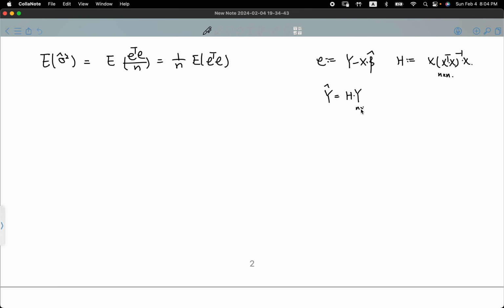The hat matrix refers to this: when we multiply by the true value, this is actually the prediction. This is because X multiplied by beta hat is the prediction, and this is X multiplied by X transpose X inverse X transpose y.